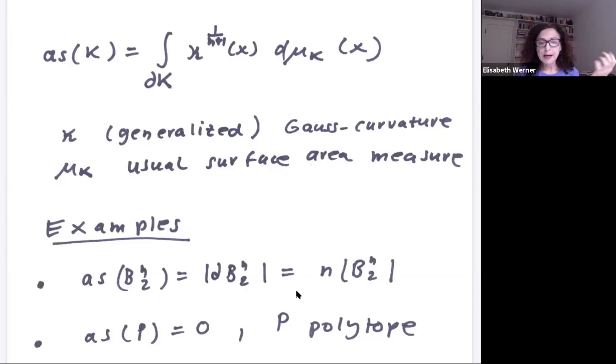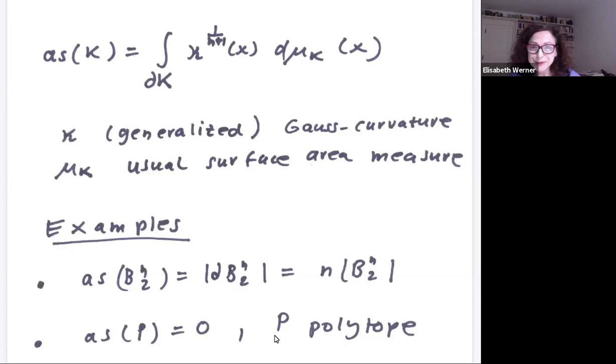With these two parallel bars, these absolute value signs, I denote the volume in its dimension. So that's the n-dimensional volume here, and that's the (n-1)-dimensional volume of the surface area of the body here. So that is one example where we can compute the affine surface area: the case of the Euclidean unit ball.